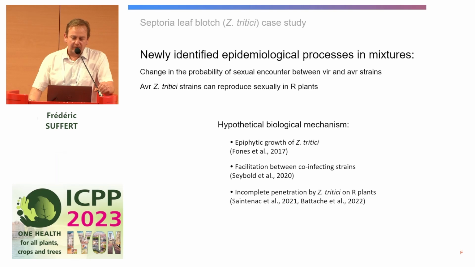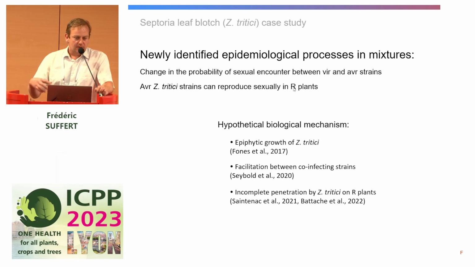Just to be brief and finish on this example on Septoria tritici, we identified new possible mechanisms in mixtures, caused by the change in the probability of sexual encounter between virulent and avirulent strains in the mixtures. And based on an aspect that I will not detail today, avirulent strains can reproduce sexually in plants that carry the corresponding resistant gene.